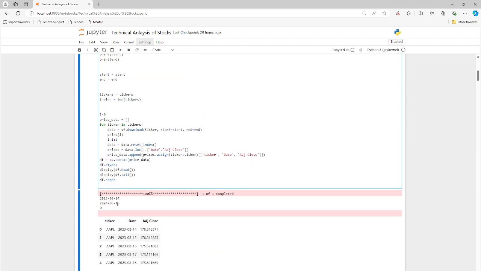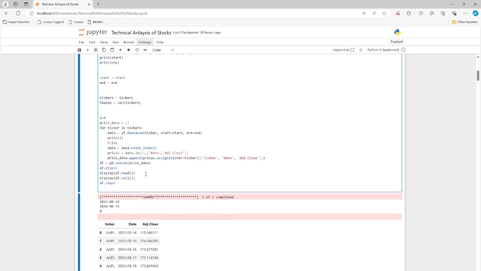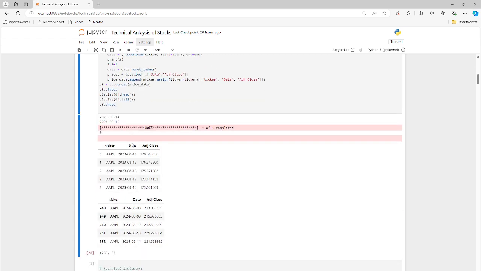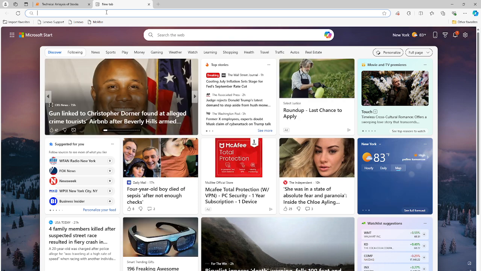So I'm going to go ahead and import data for one single ticker here. This is Apple. Here's the ticker symbol, AAPL. We'll get today's date minus 12 months back in time. As of today, we have 221.36. That's probably the current price right now. Let me take a look here.